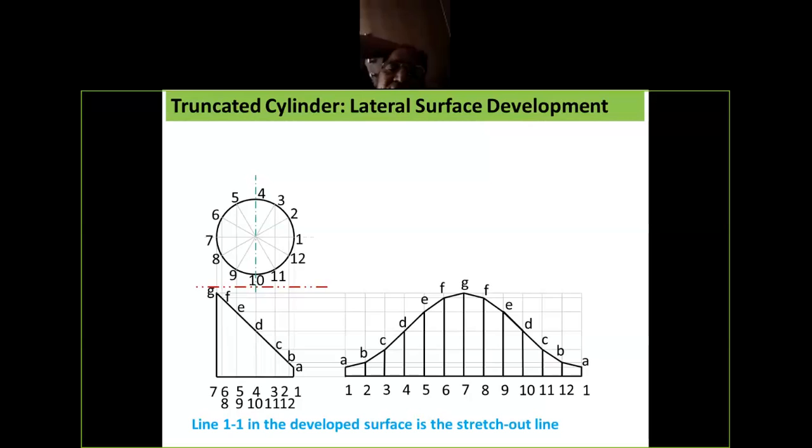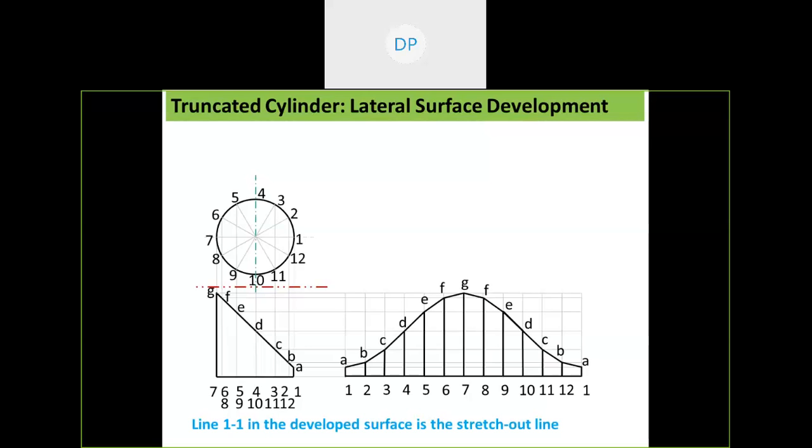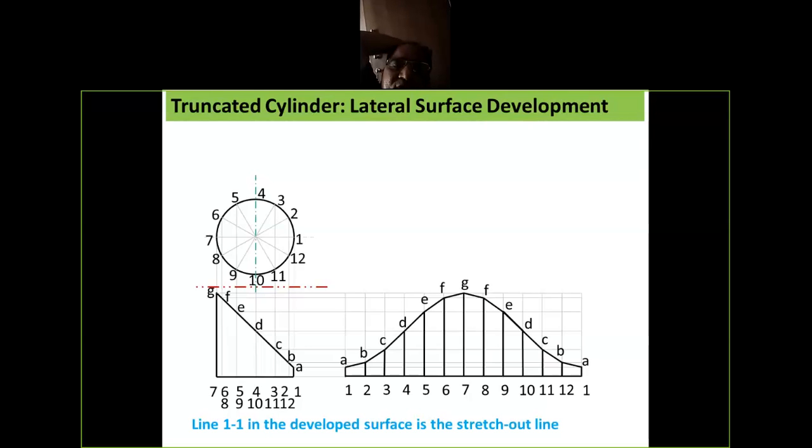So the length of the development, that is the distance from 1 to 1, will be equal to 2 pi r, where r is the radius of the circle.